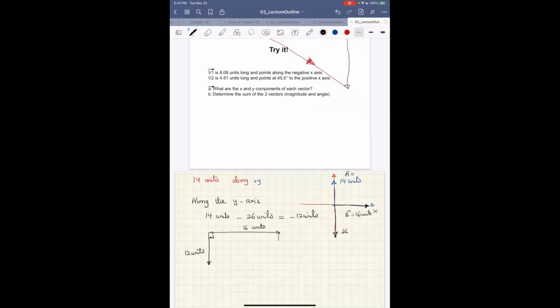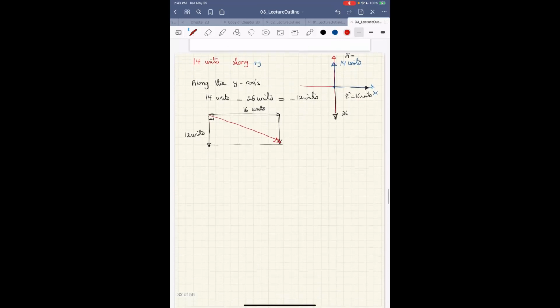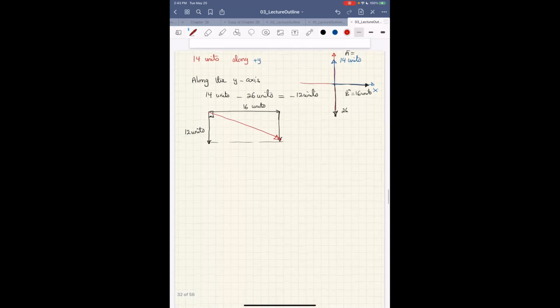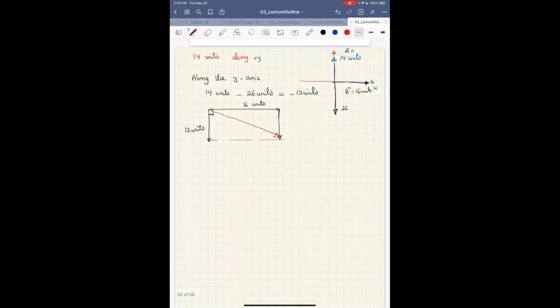Then I will say this is my vector here, and this is going to be my resultant. I can do this, okay? I can do it also using different methods.